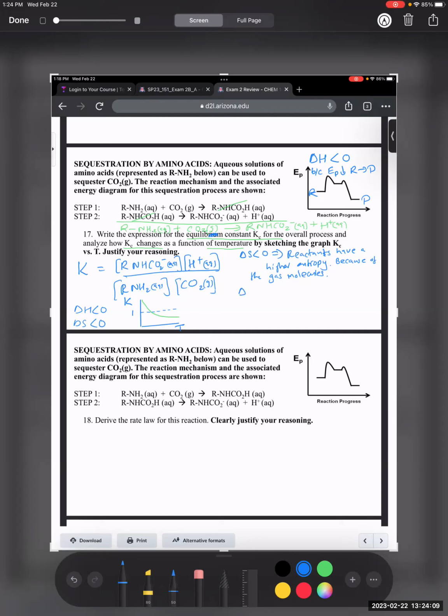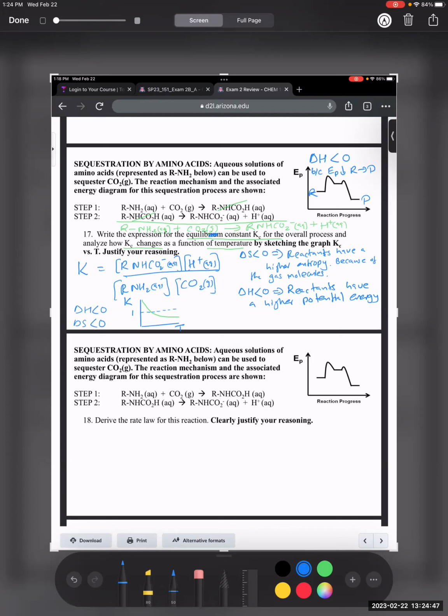Just for completion, we should justify the enthalpy change as well so that we can make sure our graders see it. Delta H is negative because reactants have higher potential energy than the products according to the energy diagram.